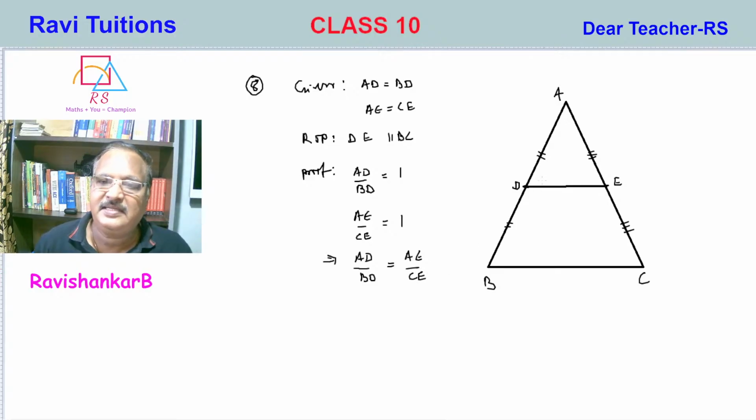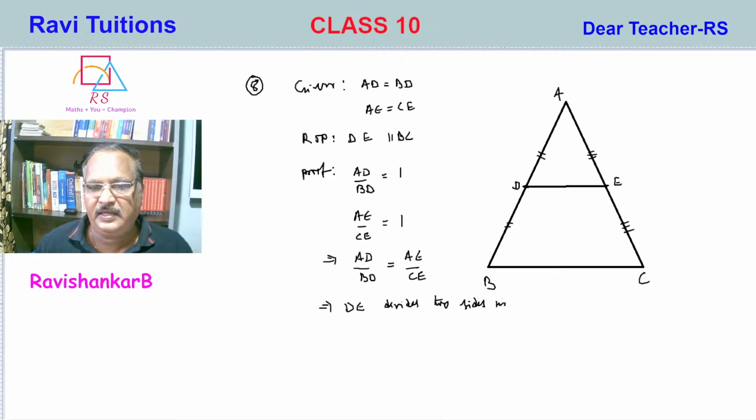That means DE divides other two sides in the same proportion, I will write ratio. Therefore, by converse of basic proportionality theorem, DE is parallel to BC. So here we have used converse of basic proportionality theorem.